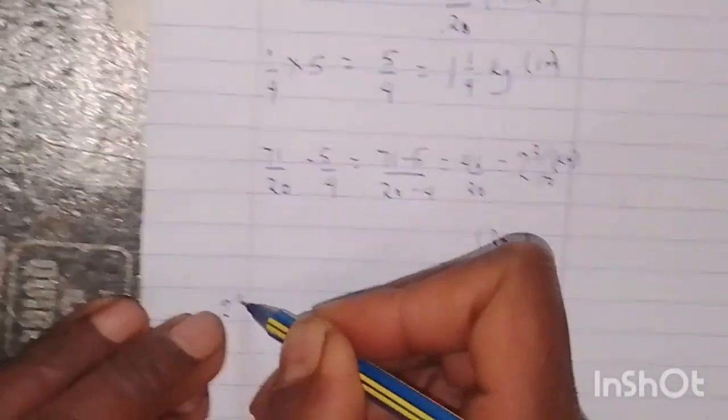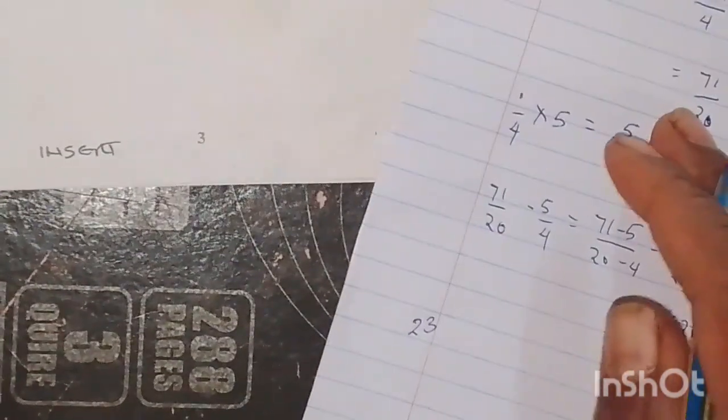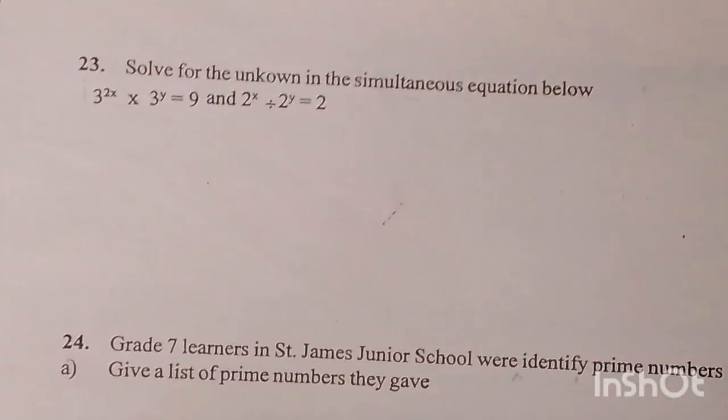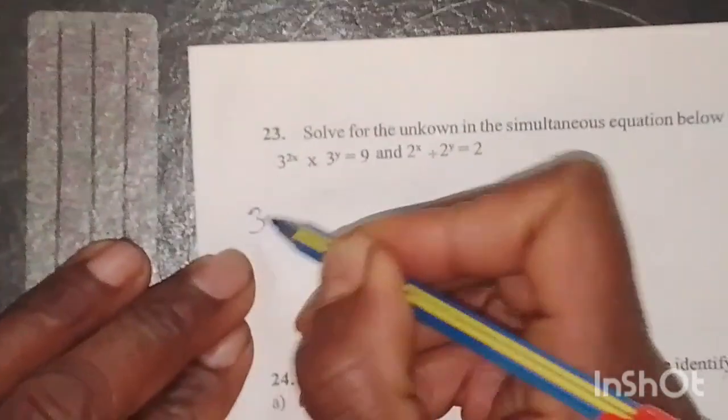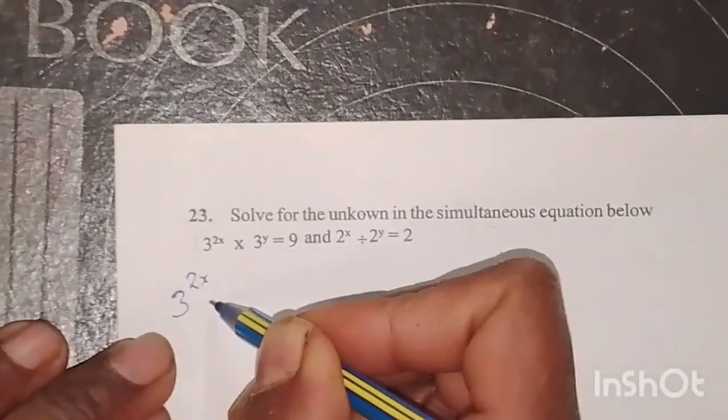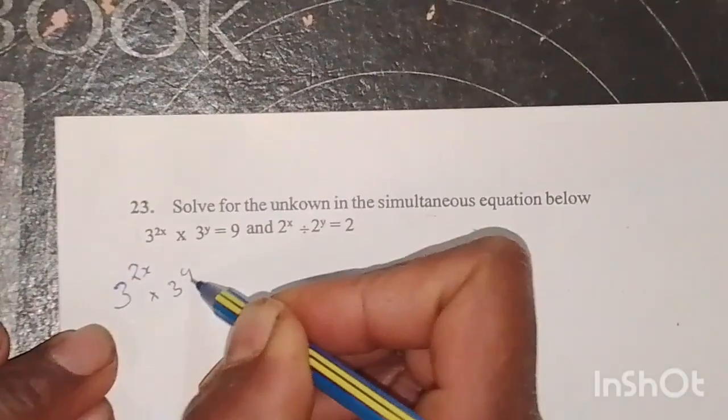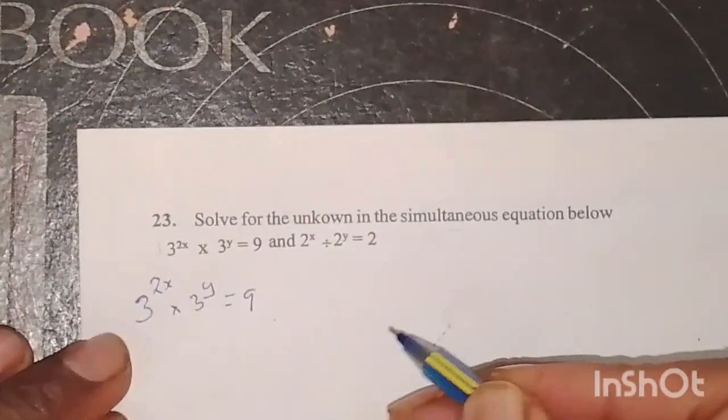Question number 23. Solve for the unknown in the simultaneous equations below. This is 2^x multiplied by 3^y is equal to 9.